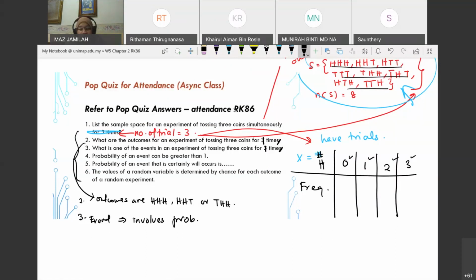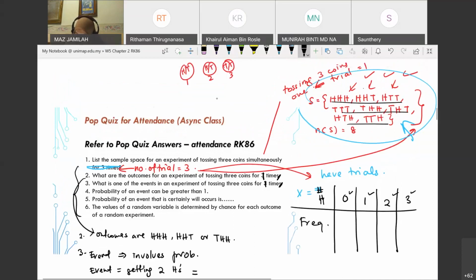If the event I'm talking about is the event of getting two heads, what event do I refer to? 2H means I am referring to this event, this event, and this event. So I have HHT, THH, and HTH.